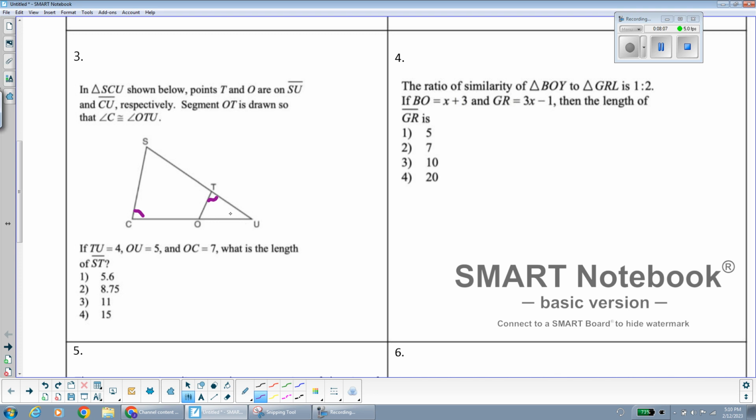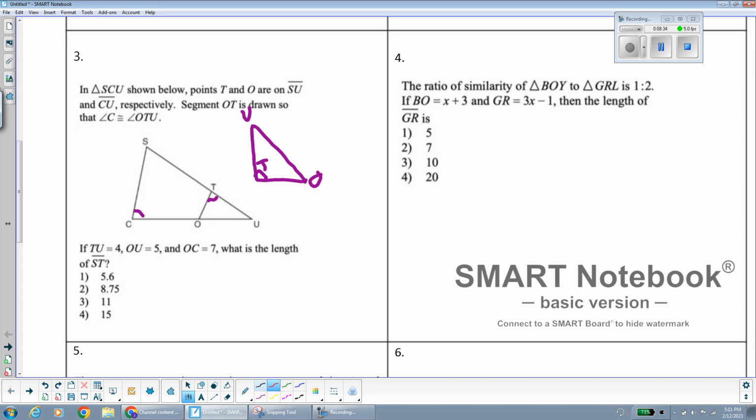So if I turn it up so that it's facing the same way as this one, the purpose of turning it up is for angle T to be in the same spot as angle C. Angle U will come to the top, and O will be over here.